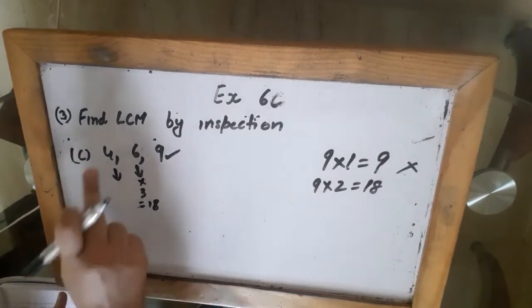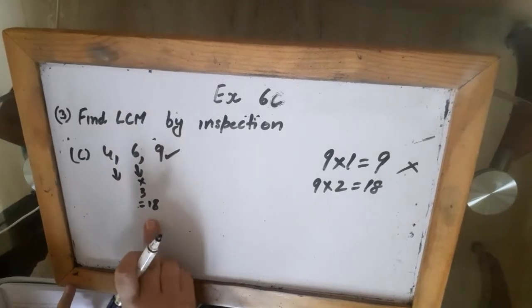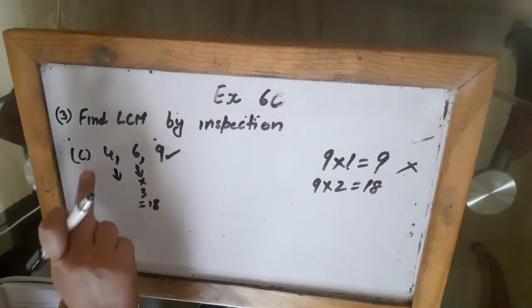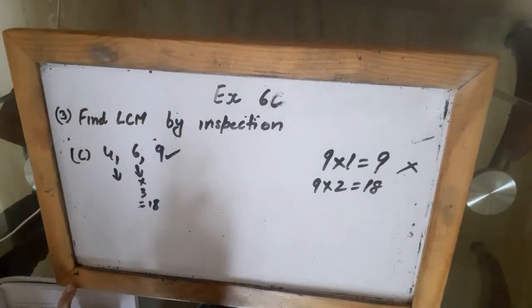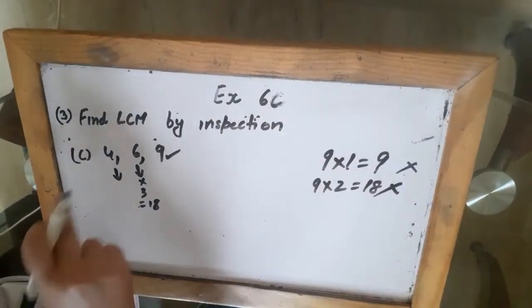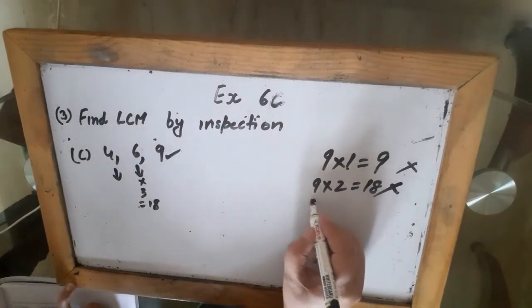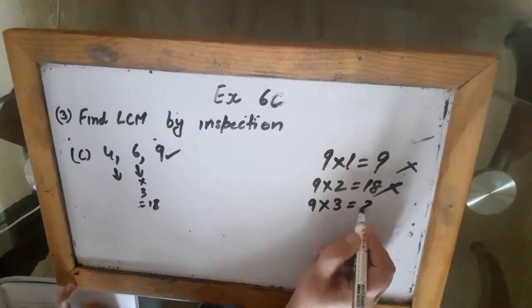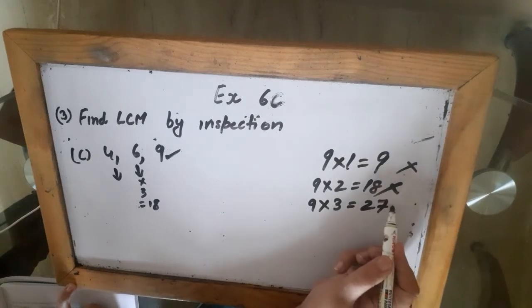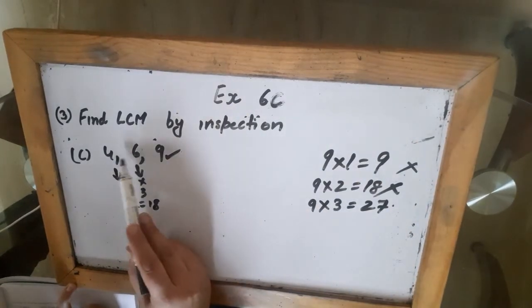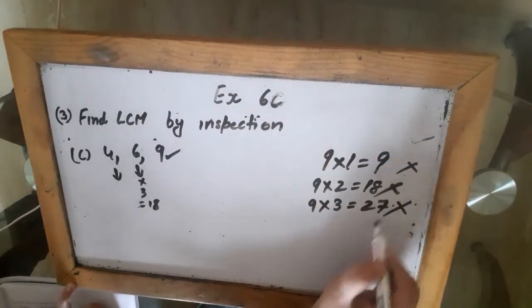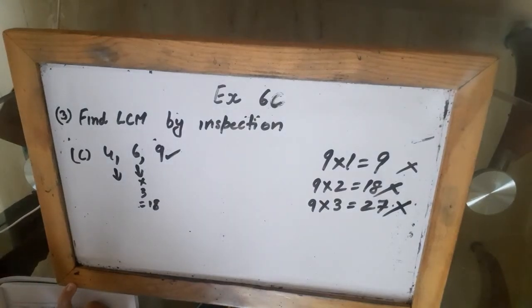It means 18 is not a multiple of 4. 18 is a multiple of 6 and 9, but not a multiple of 4. So this 18 also cannot be the LCM of these three numbers. Now come to the next. 9 3s are 27. Now this 27 is not a multiple of 6 and 4, so this also cannot be the LCM of these three numbers.